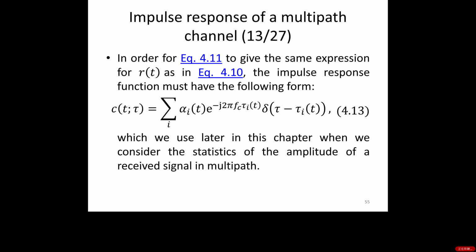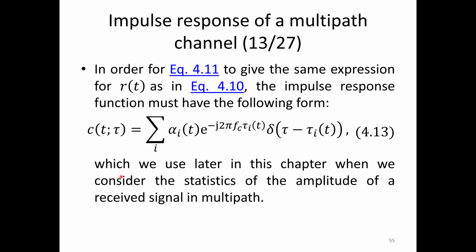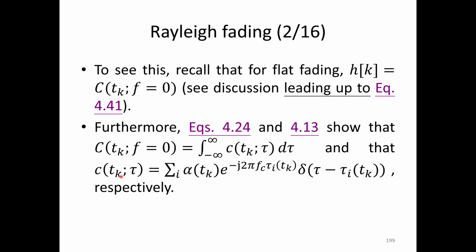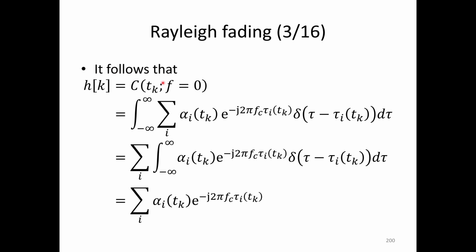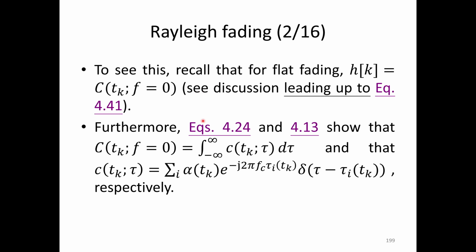So let us go back to the slides and return to page 199. We can see that here are 1, 2, 3, 4 tk, respectively. So it follows that h of k is equal to capital C of tk, f equal to 0. Let me substitute this equation into this equation.